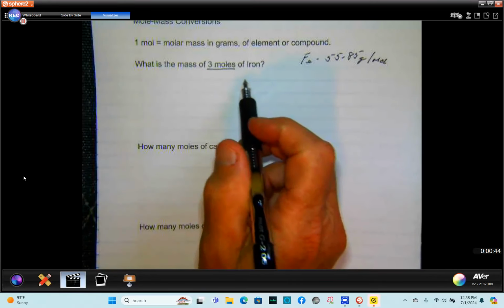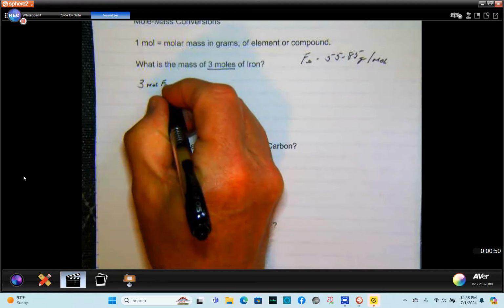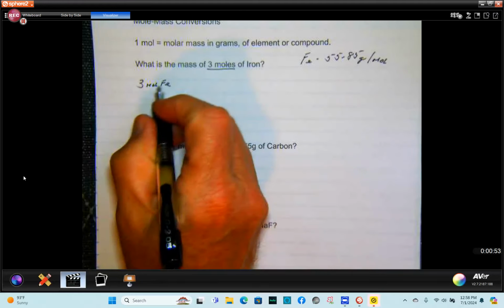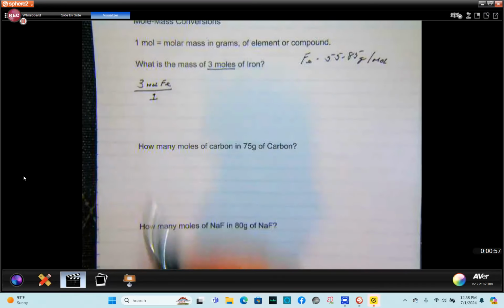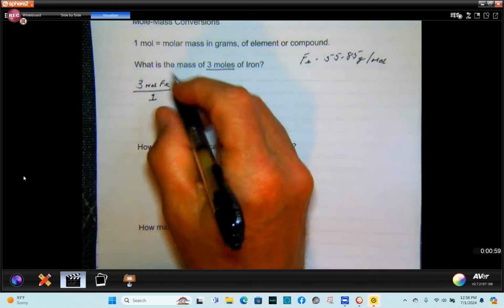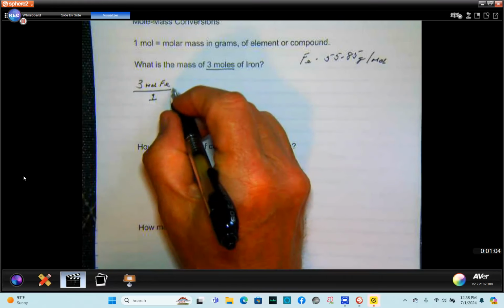So in the factor label method, you always start out with what you have. So we have 3 moles of iron. And I always like to put the first factor over 1 if there is no denominator. This gives me a good visual. There's different ways you can denote this.